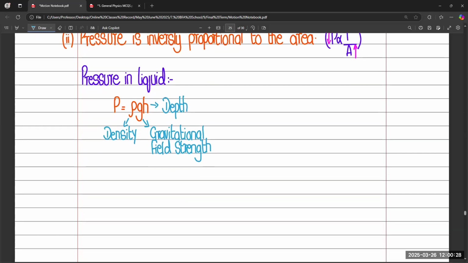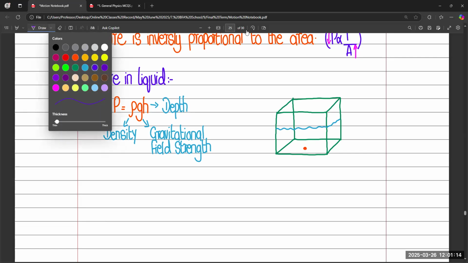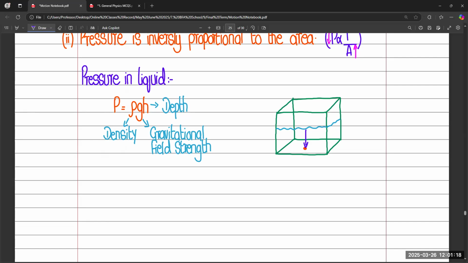So, for example, if we consider a container, and this container is filled with water to a certain surface, and this is the object placed in this container, the depth of this object from the surface of the water can be represented with the value of h.